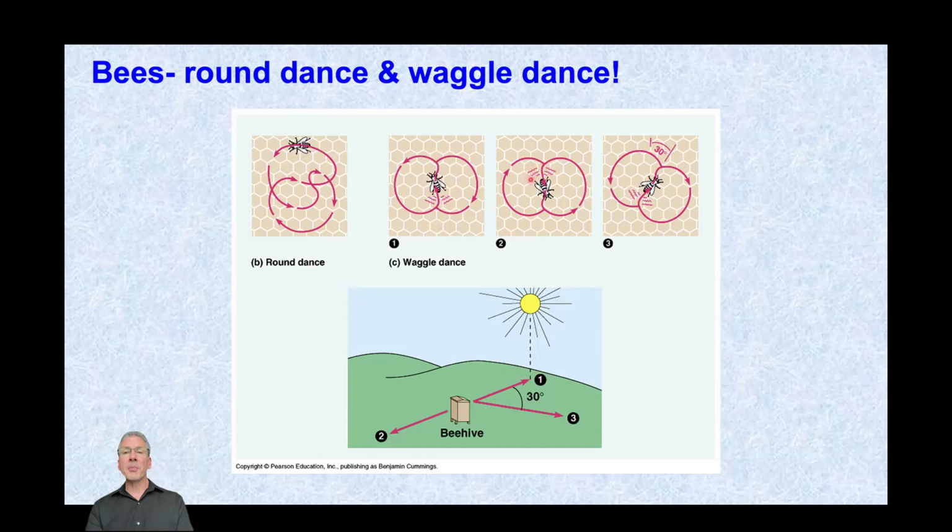If it vibrates its abdomen in a downward direction like we see here, that tells the other bees to fly directly away from the sun. Or it can even do so at an angle, like we see here, and again, telling the other bees to fly at this angle away from the sun. And again, that's where you're likely to find a good source of food. So a lot of elaborate, complex communication going on in beehives.